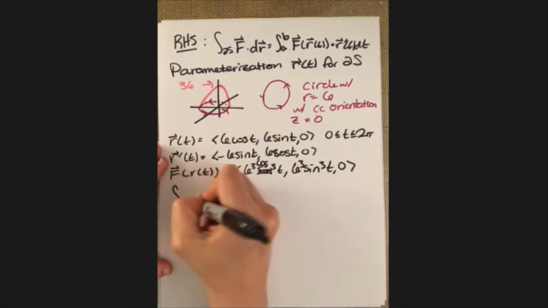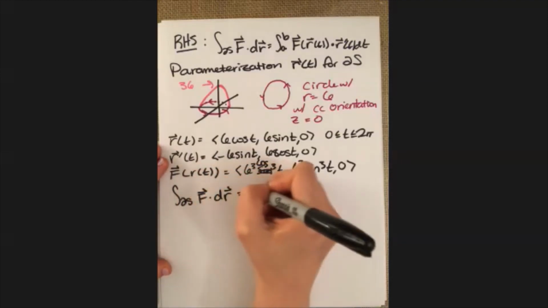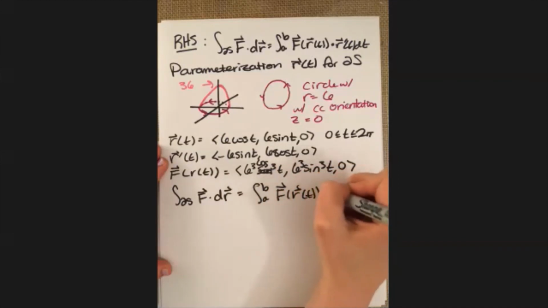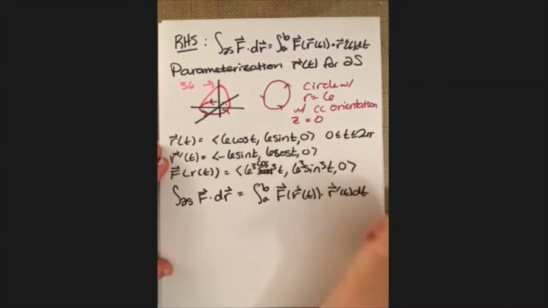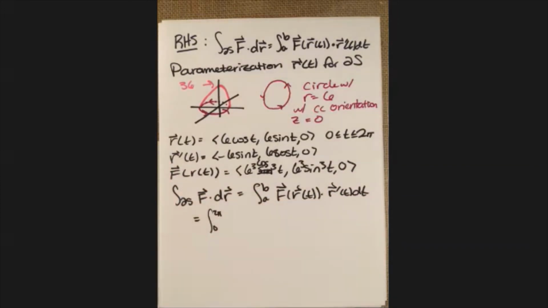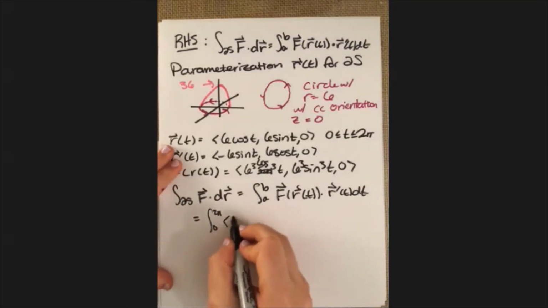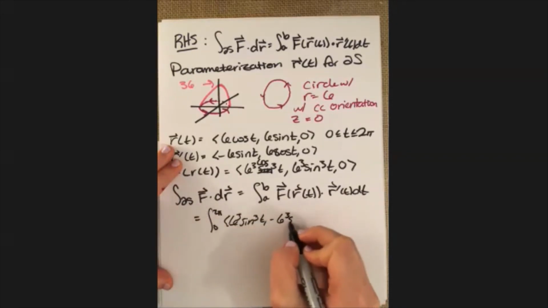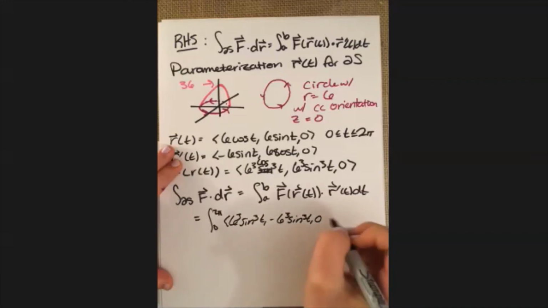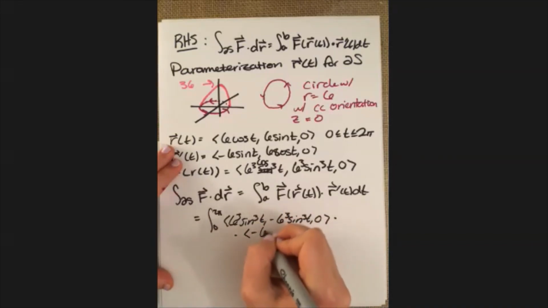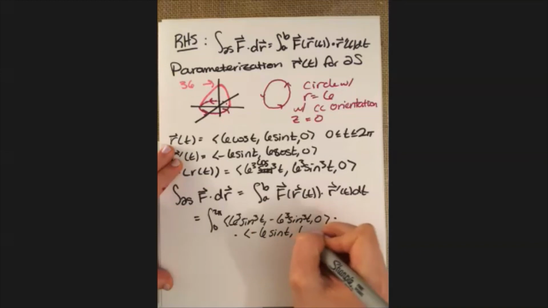So the integral over the boundary of F dot dr was equal to the integral from a to b of F of r of t dot r prime of t dt, which is equal to the integral from 0 to 2 pi of 6 cubed sine cubed t, negative 6 cubed cosine cubed t, 0 dotted with negative 6 sine of t, 6 cosine.